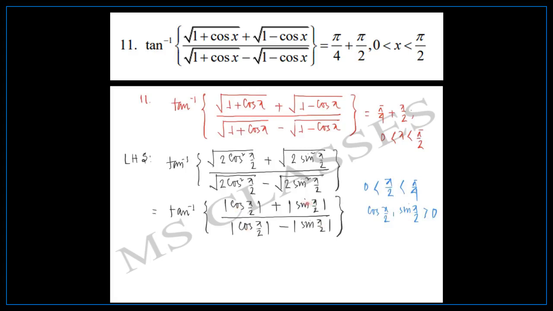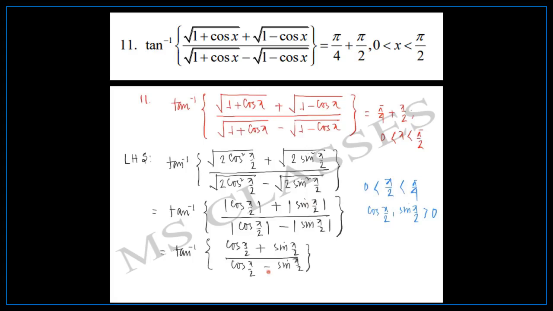So here you can write tan inverse of cos x by 2 plus sin x by 2, the whole divided by cos x by 2 minus sin x by 2.